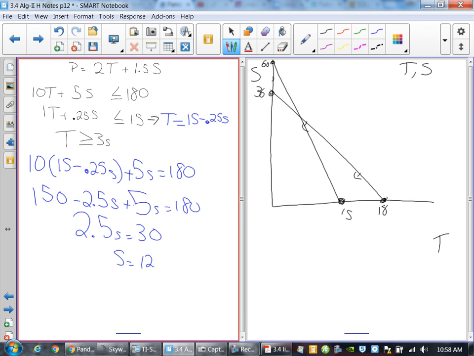Pretty sure that's 12. No, because I subtracted the 150 over, and then I have negative 2.5 plus 5 is just 2.5. And then a quarter of 12 is 3. 15 minus 3 is also 12. So this point here is at 12, 12.